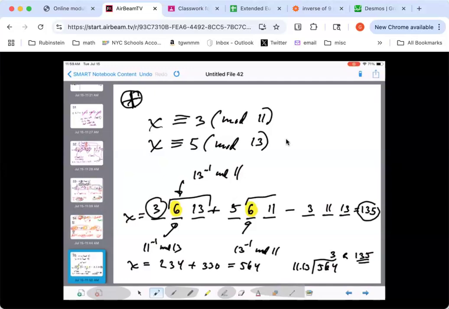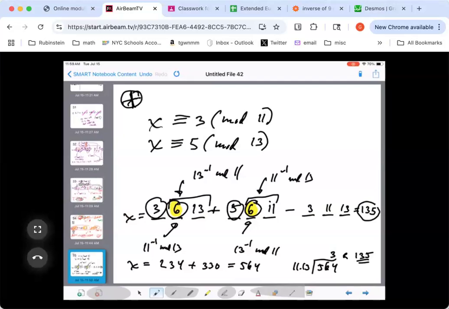On the other hand, this needs to be 11 inverse mod 13 because then these two things together become a 1, which makes the 5 come out when I divide by 13. So knowing why it works might help me not get these two things backwards. Of course, in this case, even if you got them backwards, you still get the right answer because they're both 6. I'm going to stop the recording.